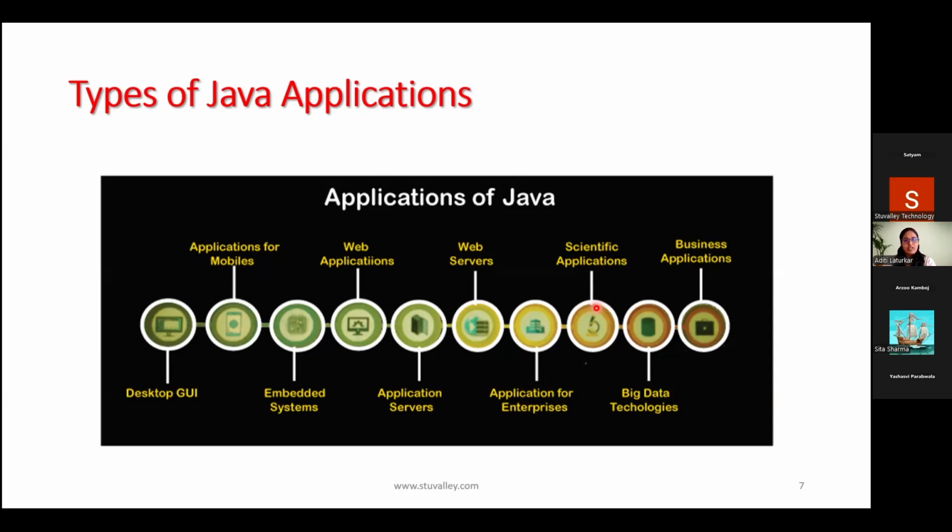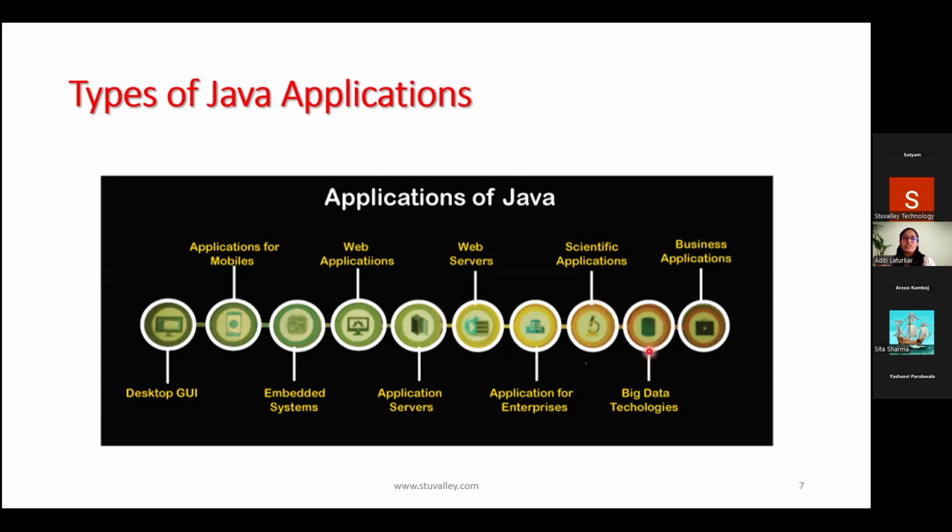Then scientific applications also you can develop using Java. Scientific applications are nothing but, for example, ISRO is using some programming, right? That is also one scientific application. So you can use the Java language for coding purposes, to give instructions to any scientific application.